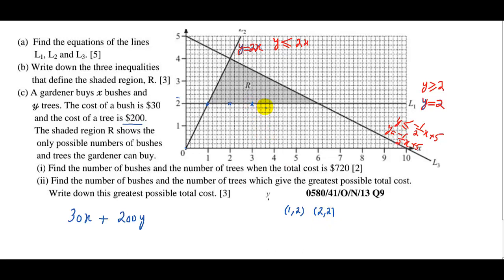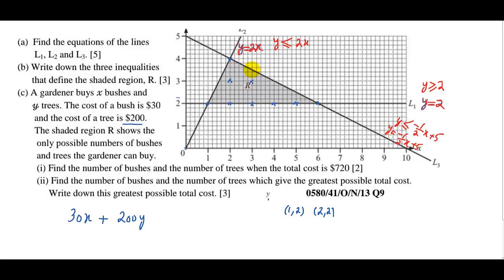And likewise, this one, and also this one. The next point where we have whole numbers is this one, 2, 3, and then this one, 2, 4. And this one as well. This point does not have a whole number.